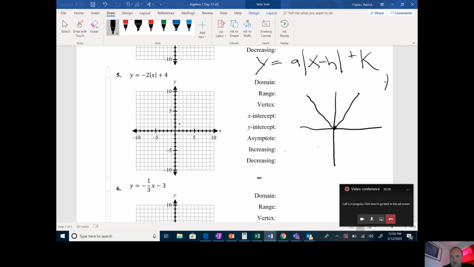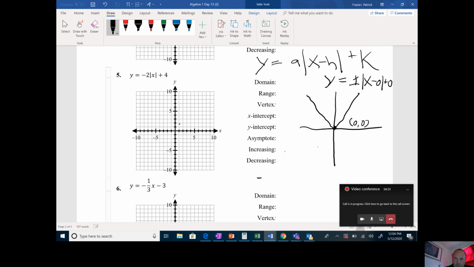Let me rewrite that. If you had y equal to 1 times absolute value of x minus 0 plus 0, which is also just the same thing as y equals absolute value of x. It's just going to be shaped like a V here, where the vertex is at x equals 0 and y equals 0, or the ordered pair 0, 0.